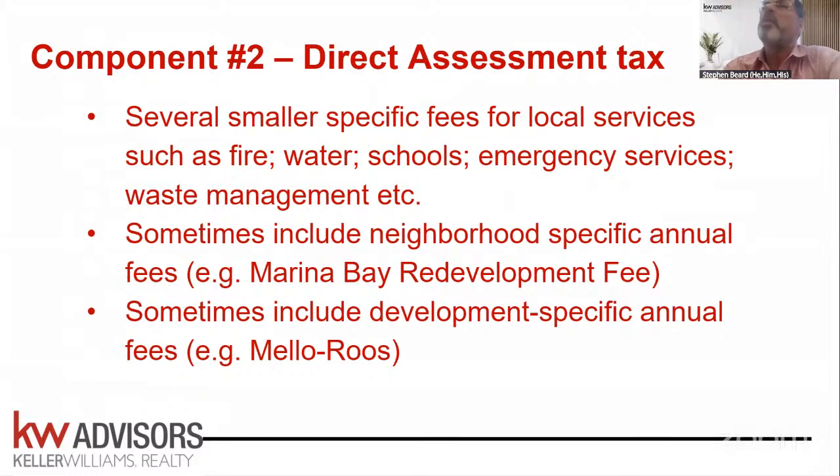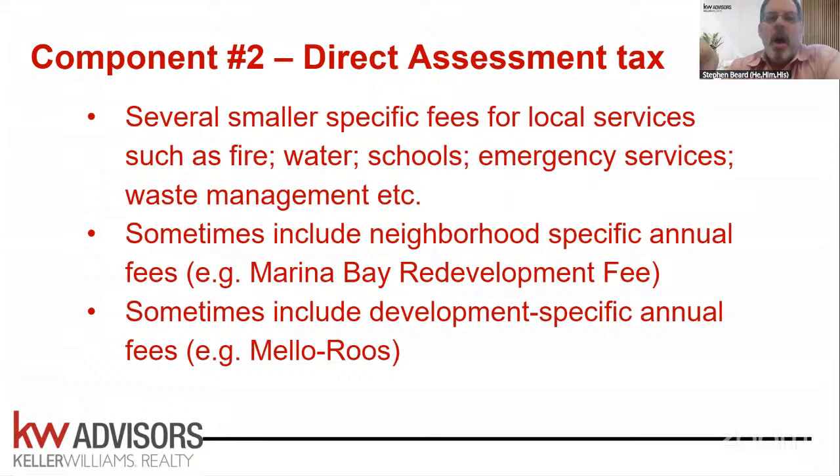Renters pay it too, because their rent will go up. But typically property owners get assessed a special assessment of either a flat rate per year or percentage based on the value of the house, whatever it is, the property. So these special assessments are called direct assessments, and they sometimes go right down to the neighborhood.